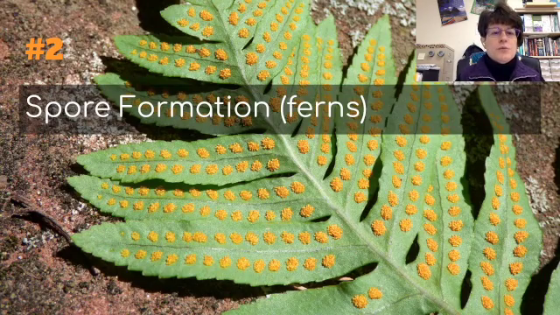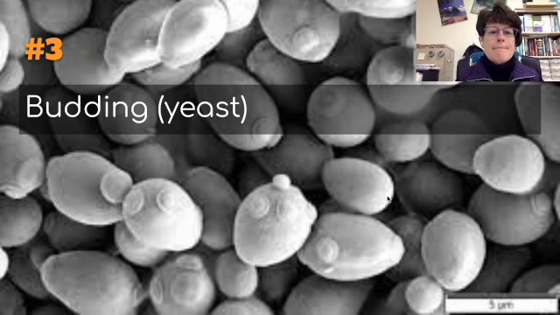Another type of asexual reproduction is spore formation on ferns. On the back of these ferns, you can see these spores. That is a type of asexual reproduction. Also, there is budding with yeast.